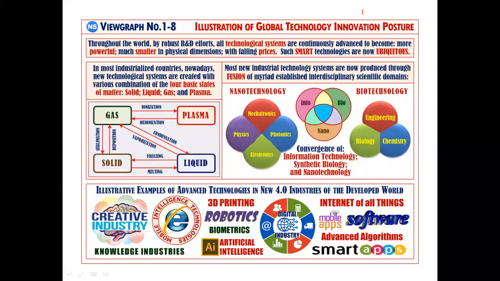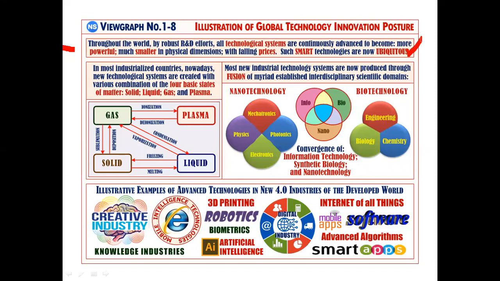Now, I would also like to give a little bit of a glimpse of how the new technologies are shaping. Throughout the world, by robust R&D efforts, all technological systems are continuously advanced to become more powerful, much smaller in physical dimensions, with falling prices, and we call those smart technologies, and that's ubiquitous nowadays.